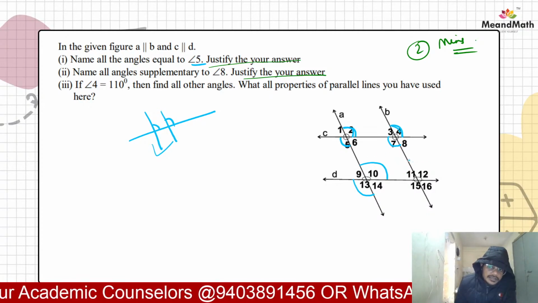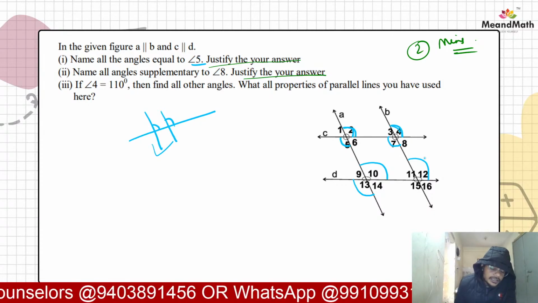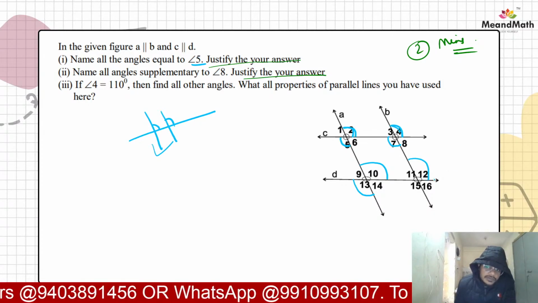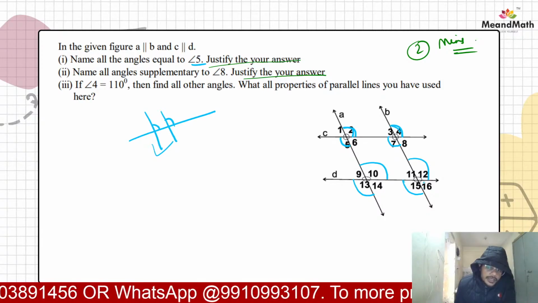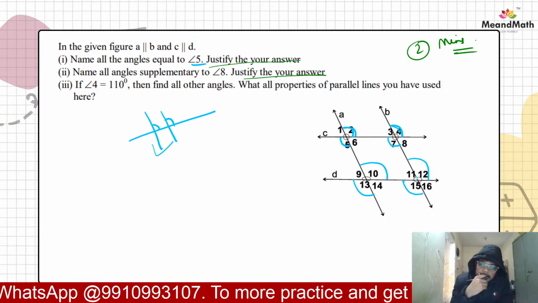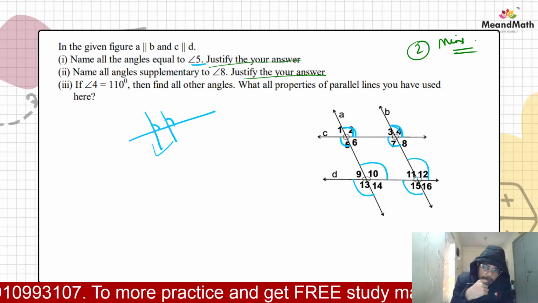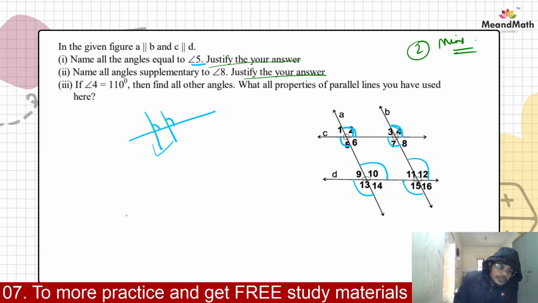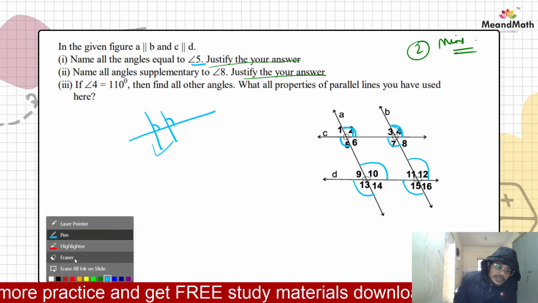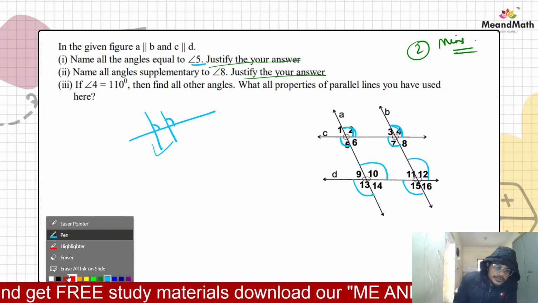Now this angle should be equal to angle 12, again with corresponding angles. Now this angle 12 should be equal to angle 15, by vertically opposite angles. Is there anything I have missed? No, I have not missed anything. So these are the angles equal to angle 5. In the justification, you can write the property you have used. Okay.